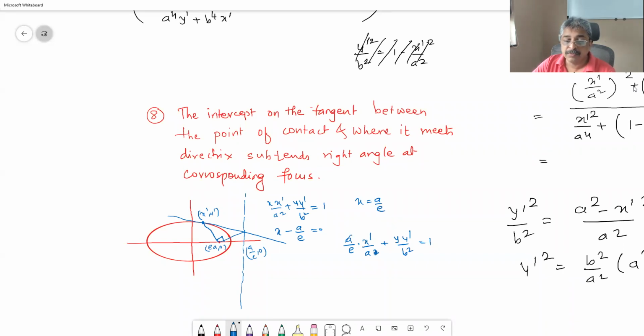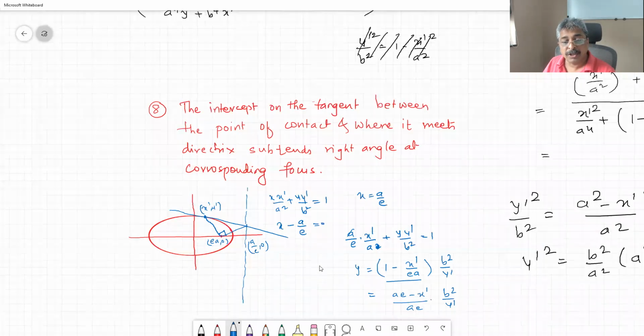One a gets cancelled, therefore y is equal to 1 minus x dash upon a whole, multiplied by b square upon y dash. That is your y coordinate, which is a minus x dash upon ae into b square upon y dash, whatever it is.